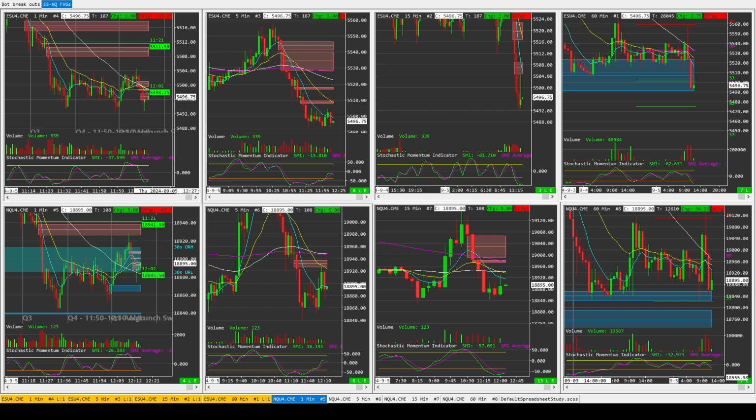So the study is called fair value gap, but it's not included in Sierra. You have to get it separate. I can send it to you if you want. So now watch this high, and if we come back above this high, we're likely gonna retest this area of single prints.